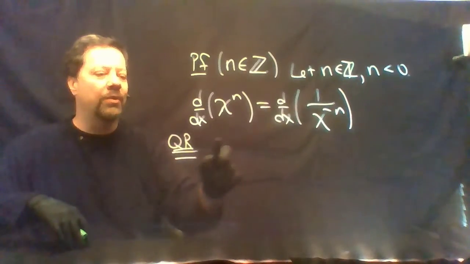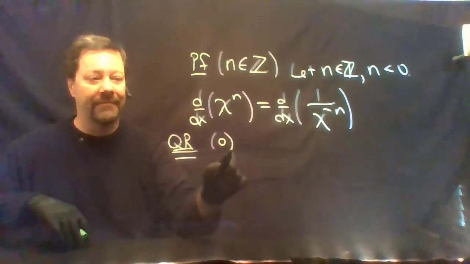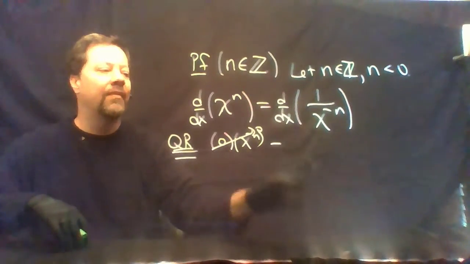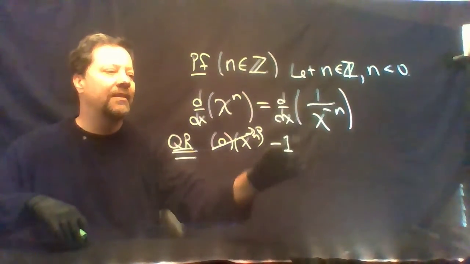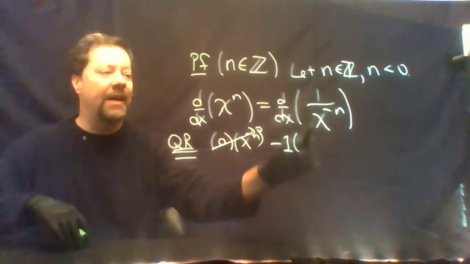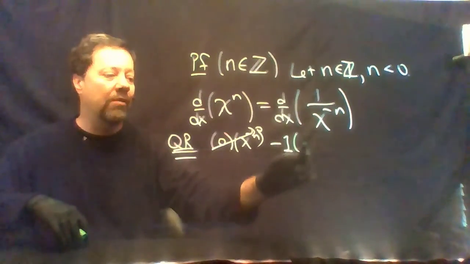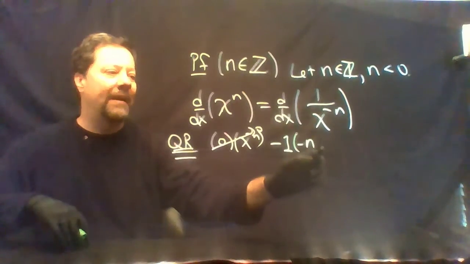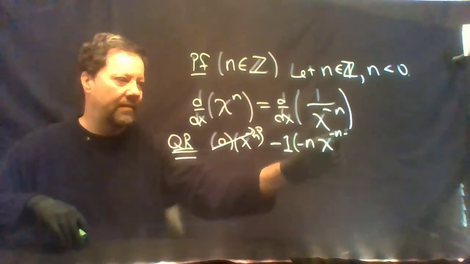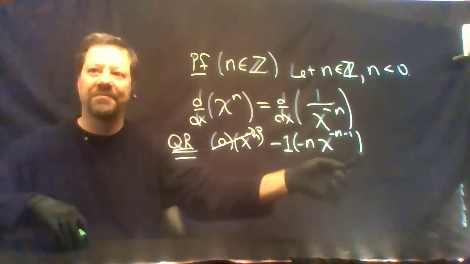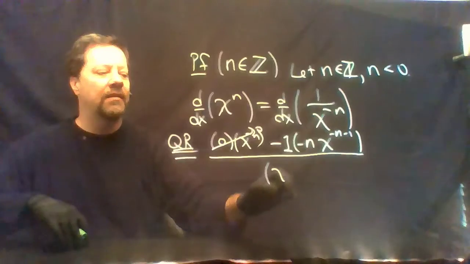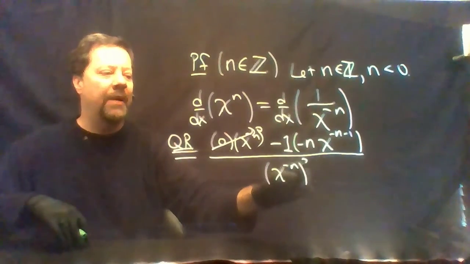So by the quotient rule, we get the derivative of the top times the bottom, okay, that's 0, minus the top times the derivative of the bottom. The derivative of the bottom, we use the old style power rule. Bring power down, subtract 1 from the exponent, and that's all divided by bottom squared.